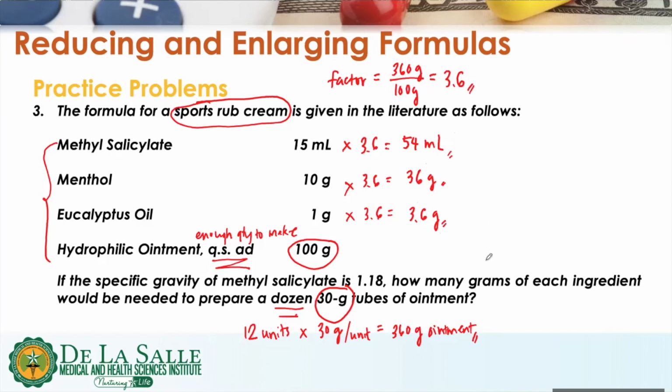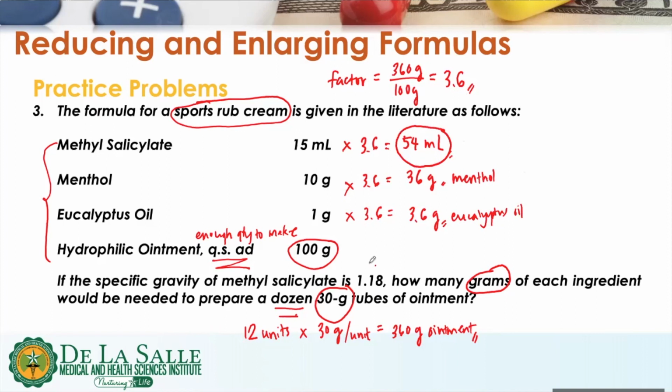Now, take note that we are asked to determine the number of grams of each ingredient. Both menthol and eucalyptus oil are already in their gram units. So we will need to convert 54 milliliters of methyl salicylate to grams.